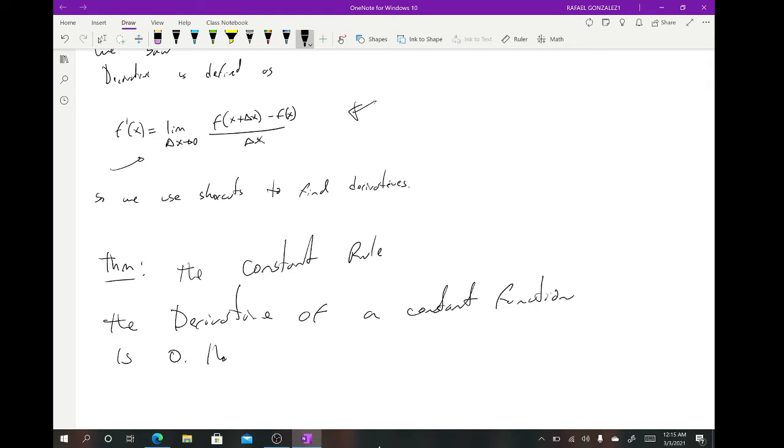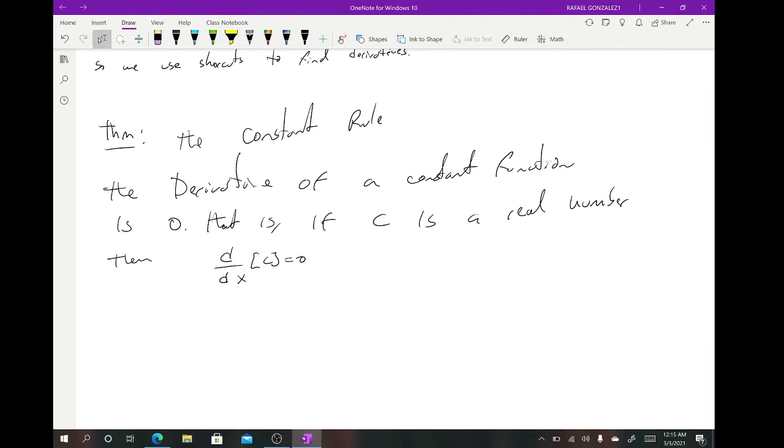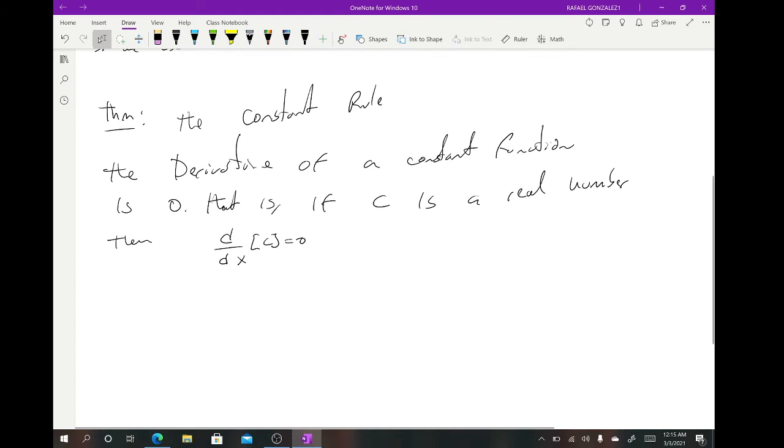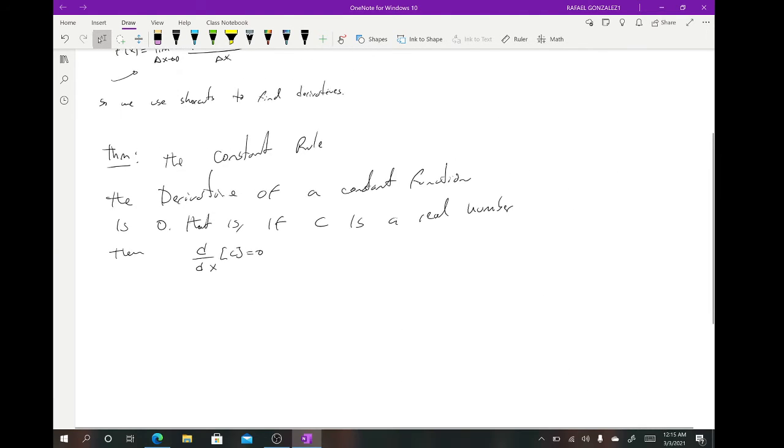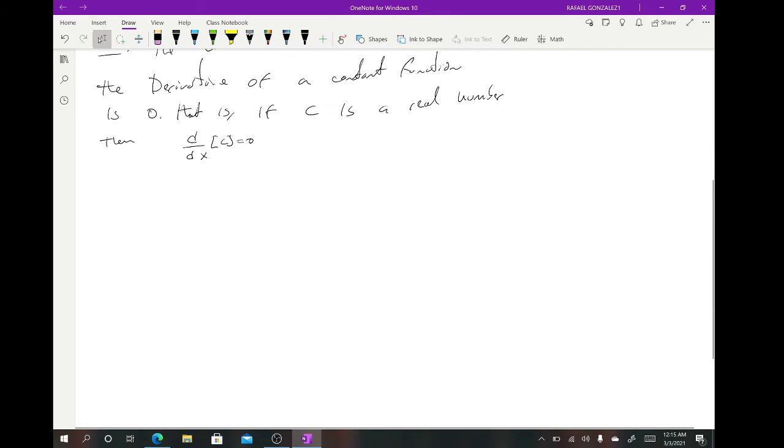That is, if c is a real number, then the derivative in terms of x of c is equal to 0. Okay, so that is the so-called constant rule. And we can actually see why this is true.